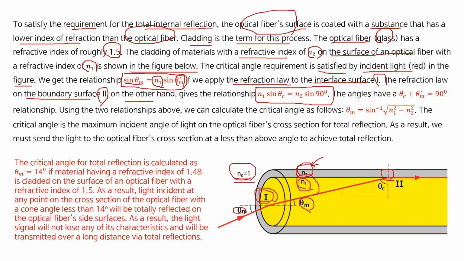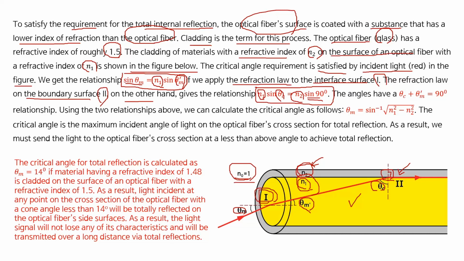The refractive index of this material is N1, the incident angle is theta C, the refractive index of this material is N2, and the refractive angle is 90 degrees.